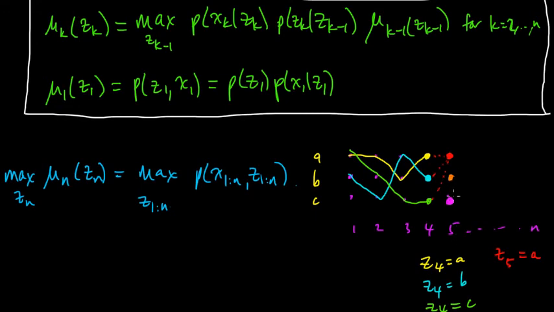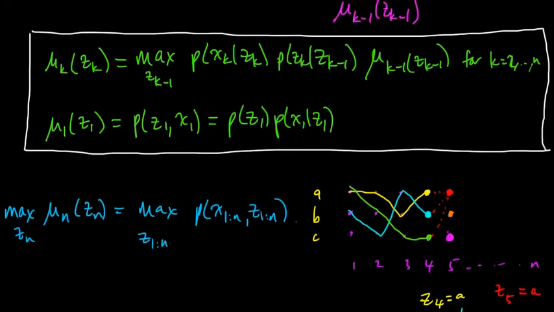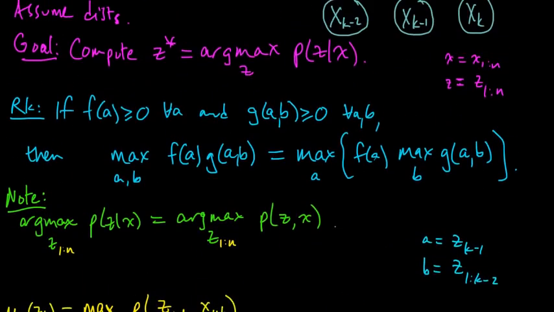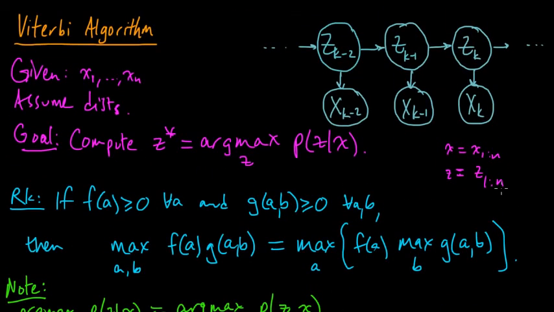You have an optimal path that ends at each possible value of z5. And once you do that, you get all the way to n, and you're done. All right, so that's the Viterbi algorithm. That's how it works, and that's how you compute the maximum probability path for a hidden Markov model.